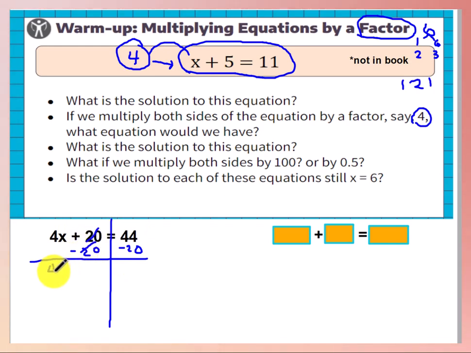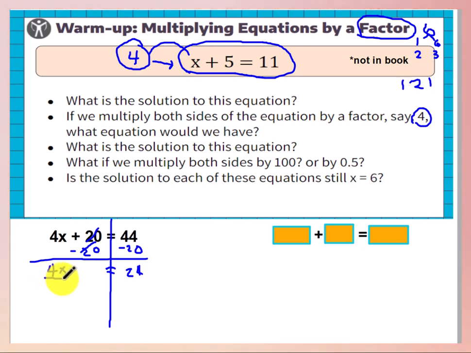Bring down the 4x. This line is indicating equal to separate the right hand side of the equation from the left hand side. 44 minus 20 is 24. 44 is bigger than 20, so this is going to be positive.